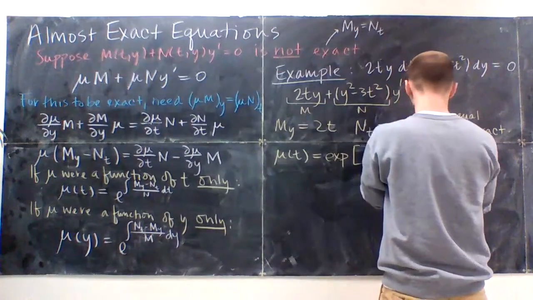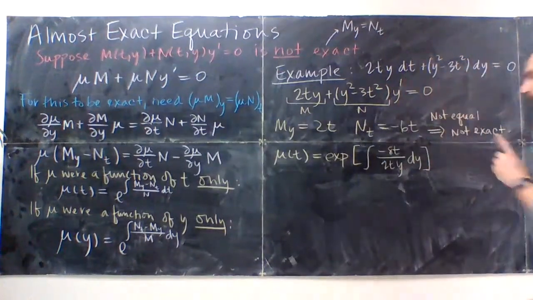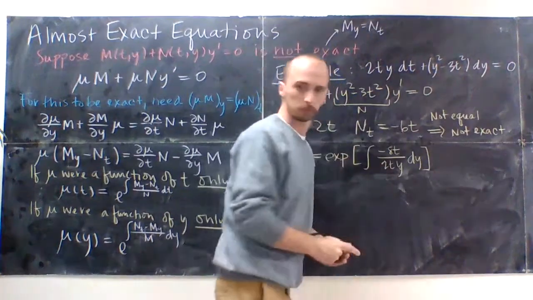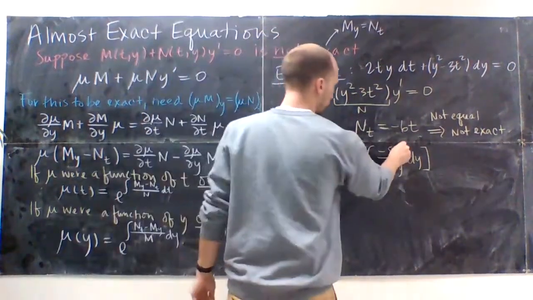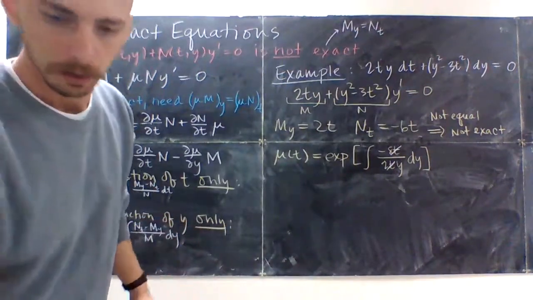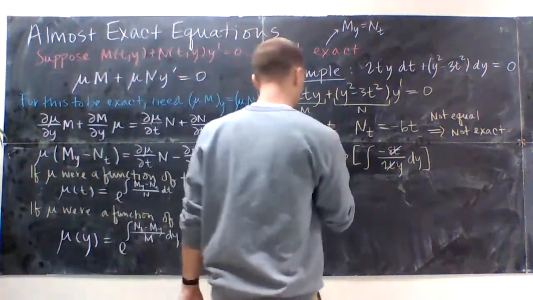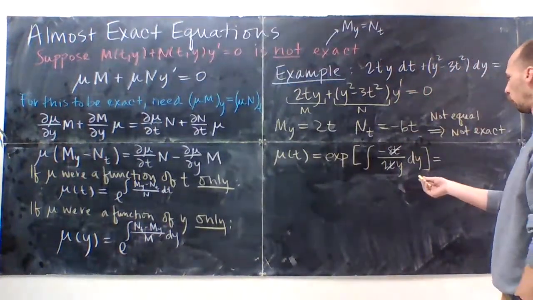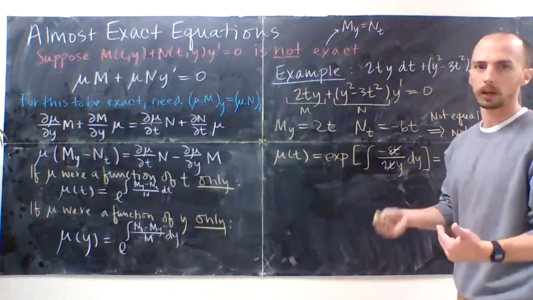And I want to integrate that with respect to y. This is much better, right? So this is negative 4 over y, and the antiderivative of negative 4 over y is negative 4 log absolute value of y.